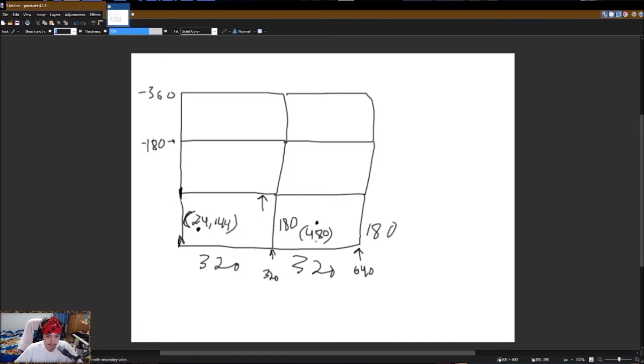So my brilliant idea was that I would take Celeste or Madeline's current position, and a better example would be this box here or here, doesn't matter, get her position here and divide it by 320. So whatever her position is here, let's say it's 400, divide that by 320 and get the floor of that. 400 divided by 320 gives you 1 point something, and you're only interested in this number.